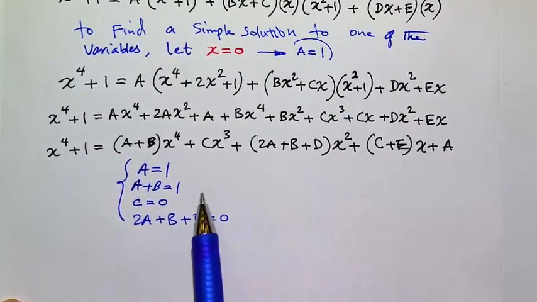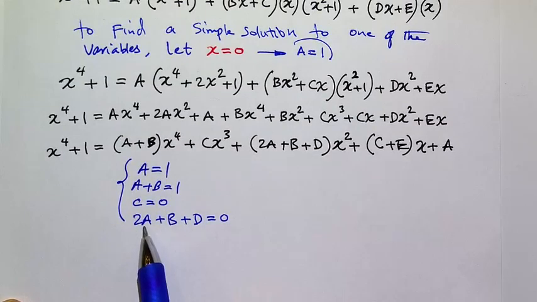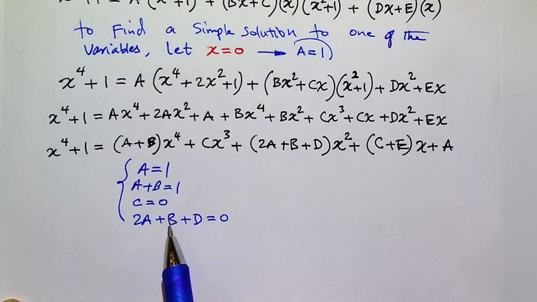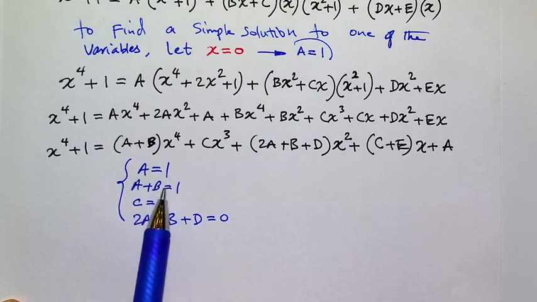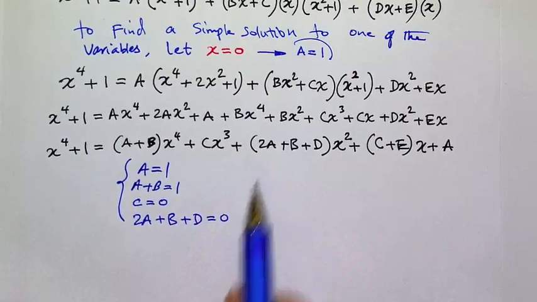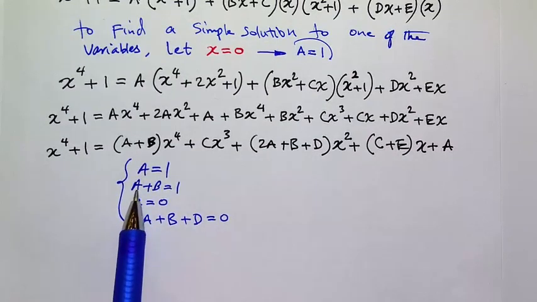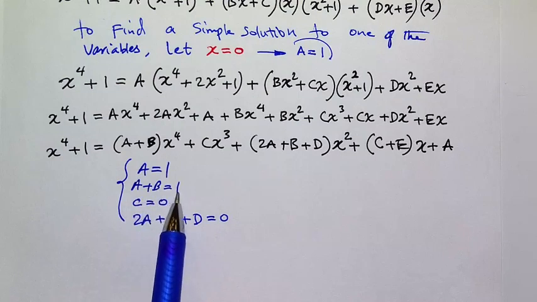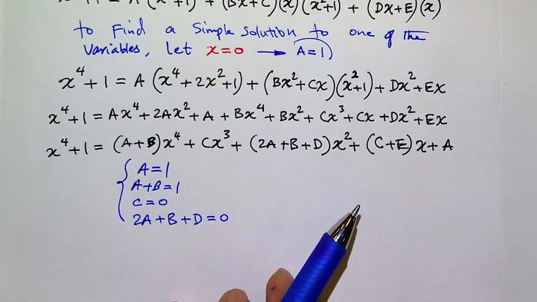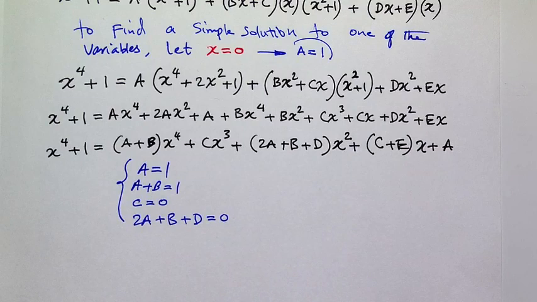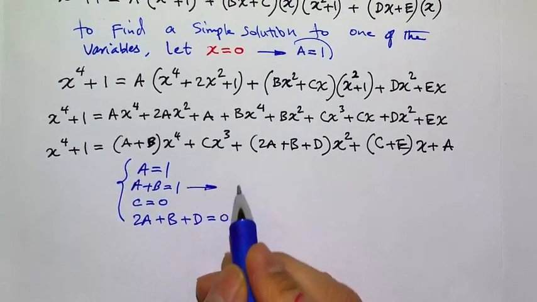We already know in this equation a equals 1, and so we end up with, from the top system, since a is equal to 1, b has to be equal to 0 if 1 plus b is to be equal to 1. So b has to be equal to 0, right? So let me also write that.